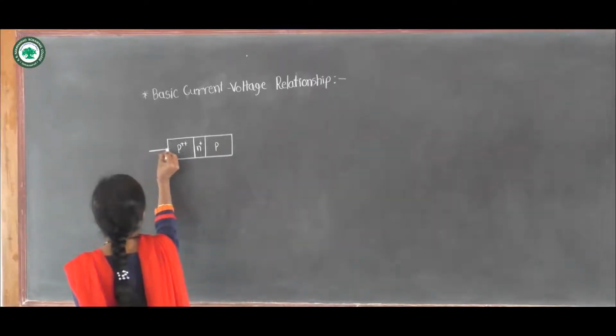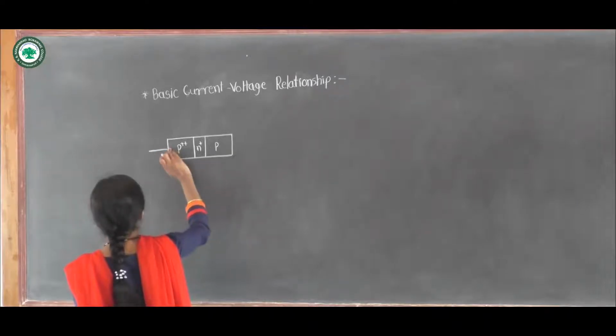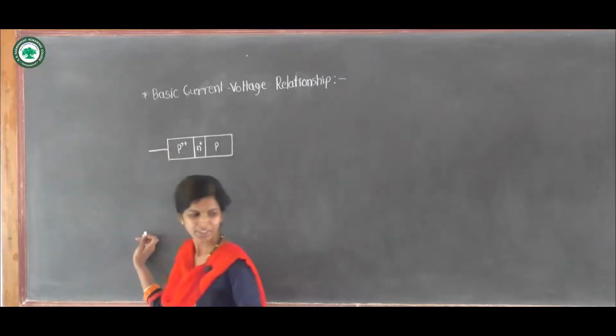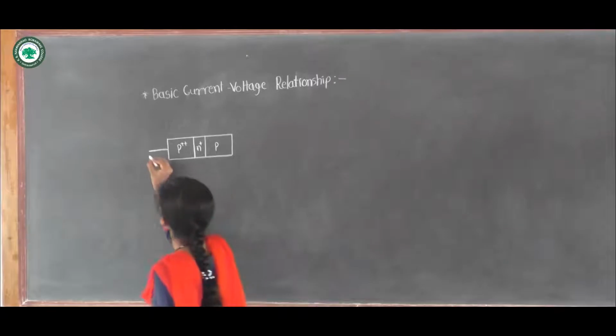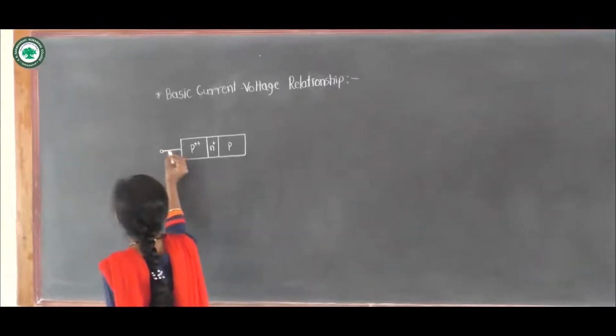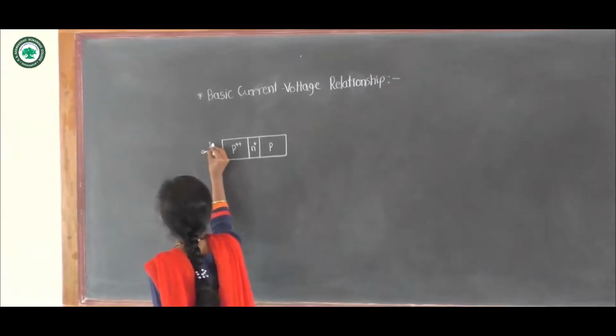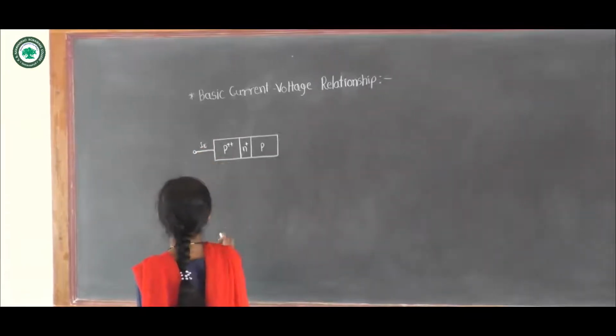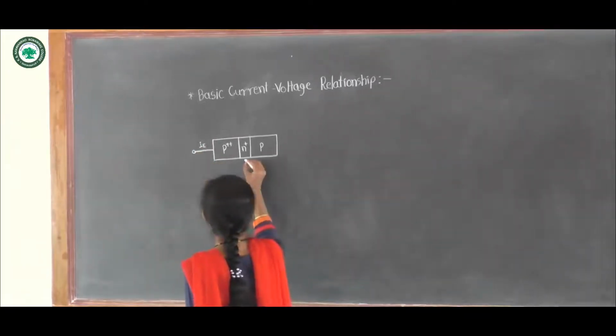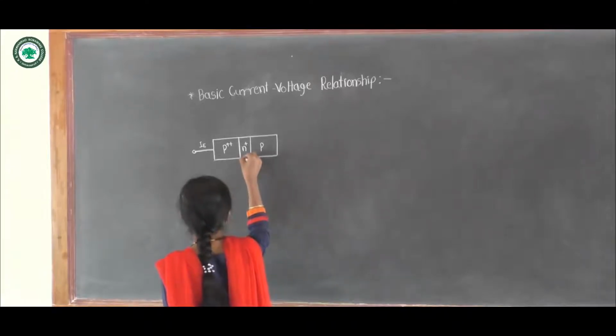So this first heavily doped region is the emitter of the transistor. Current flowing through the emitter terminal is denoted as IE.